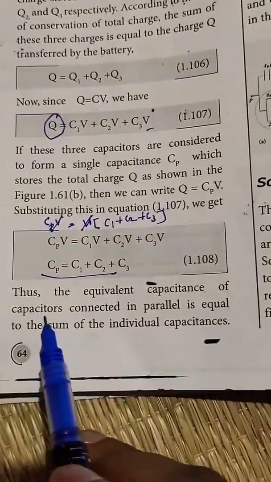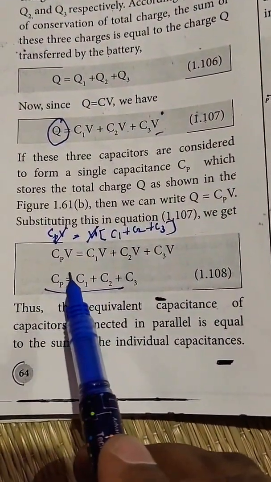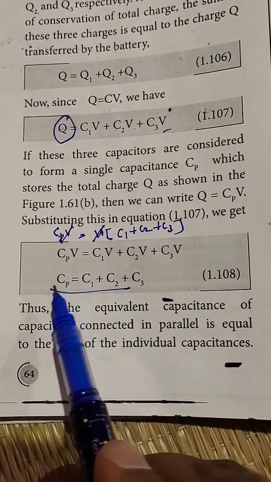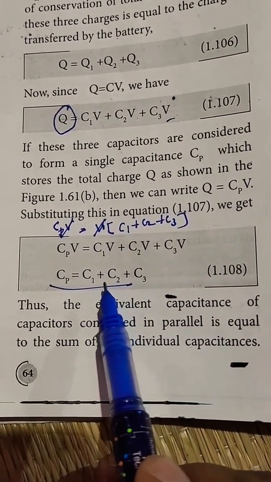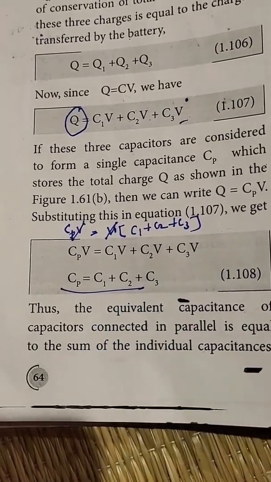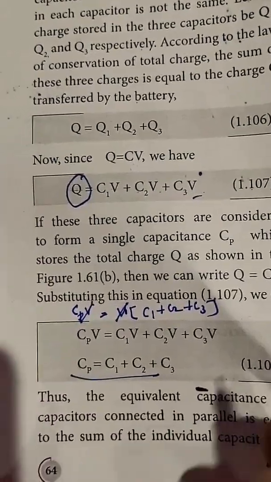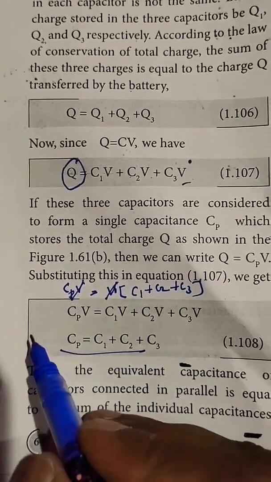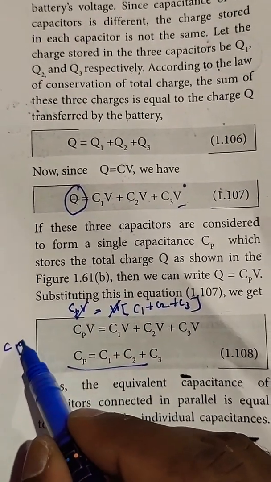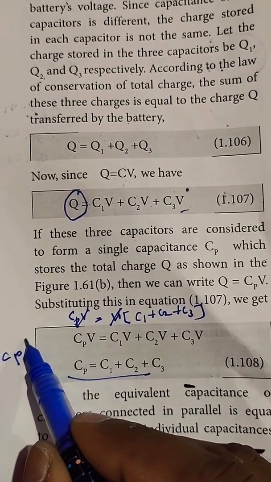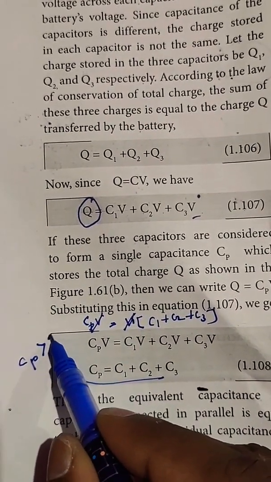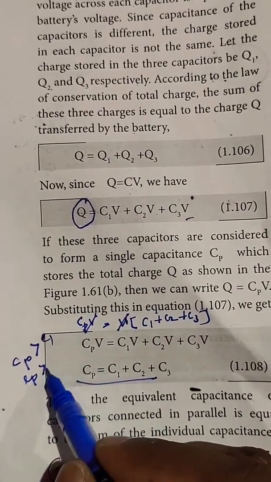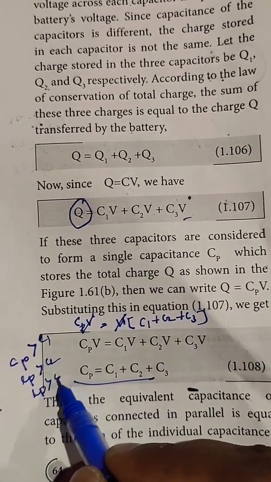This tells us that the equivalent capacitance of capacitors in parallel combination is equal to the sum of the individual capacitances. And this equation tells us that Cp is always greater than the largest individual capacitance, which means Cp greater than C1, Cp greater than C2, Cp greater than C3.